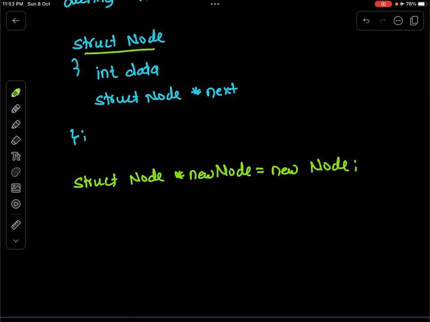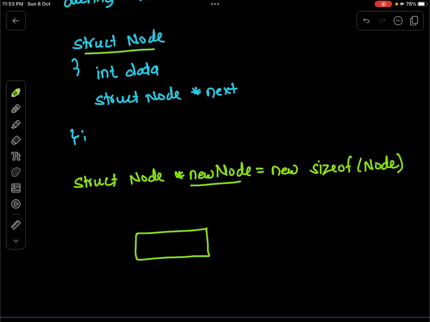Otherwise you can also indicate it like this, using sizeof(node). Now what will happen with the help of this? Say for example, new node, which means this new node is created. Now what will its size be?